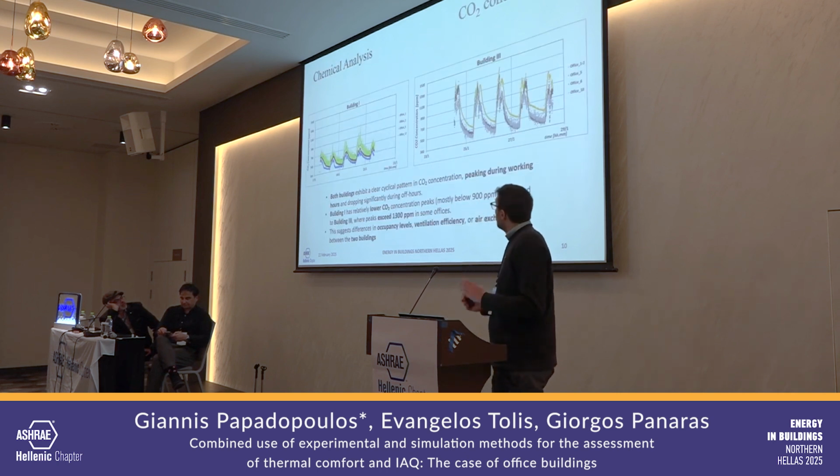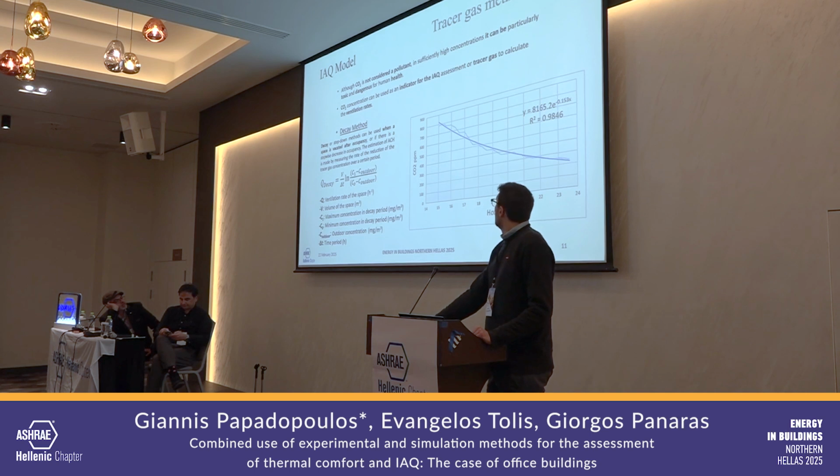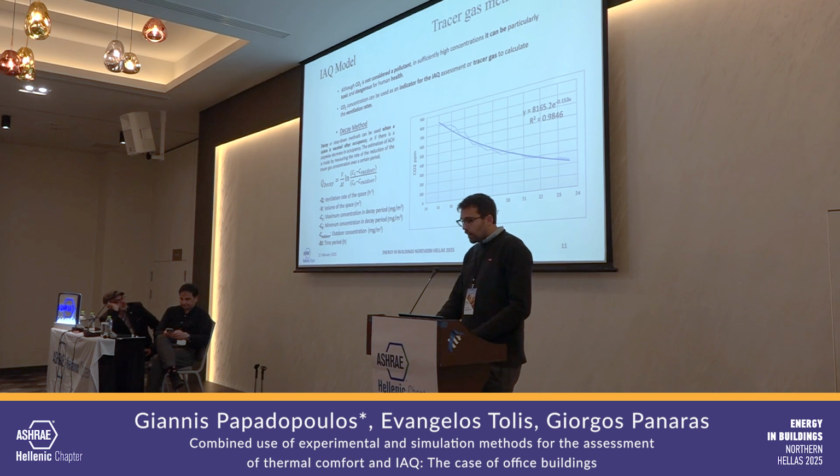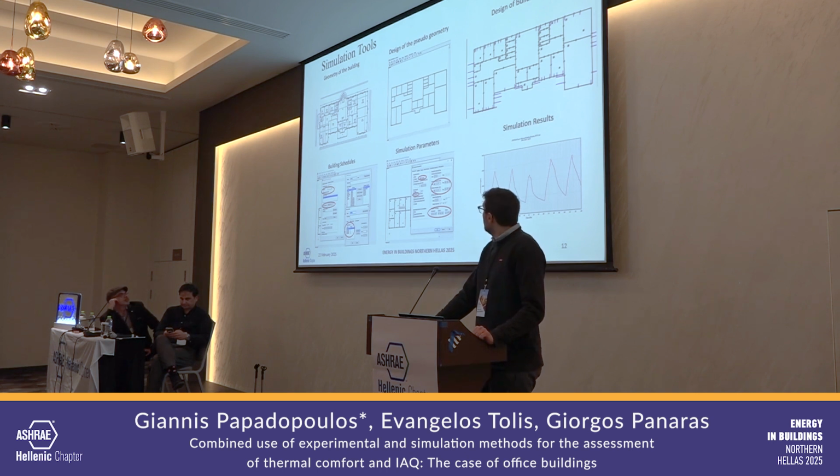So in these slopes, we implement the decay method to calculate the ventilation rate that we have in our buildings. This is the one method that we used. And the other one is that we use CODAM, a multizone simulation program.